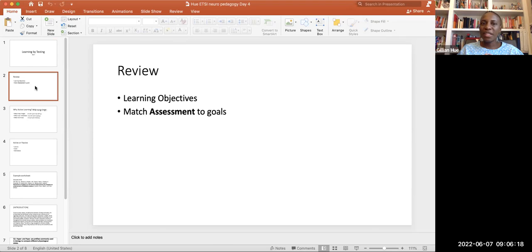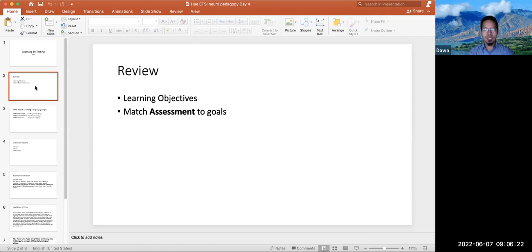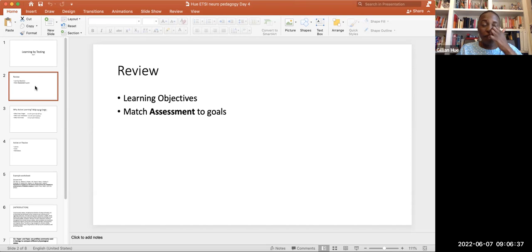It is very important that we can match the assessment to the goals. So if we are planning to have our students learn how to describe something, your assessment needs to match what your intentions are.